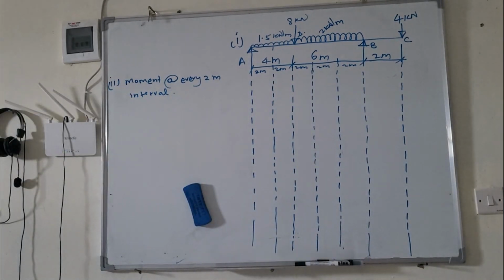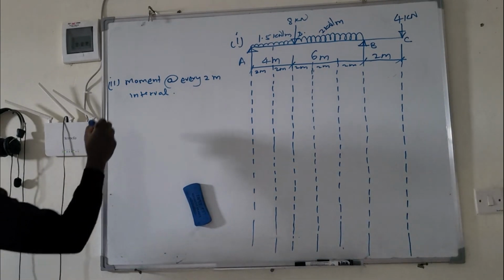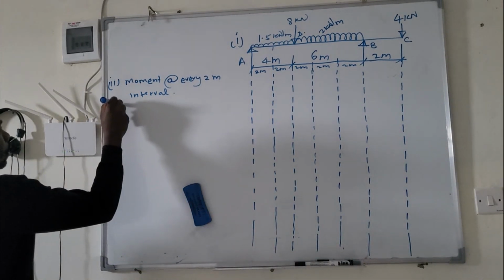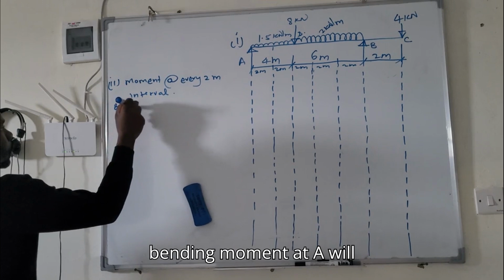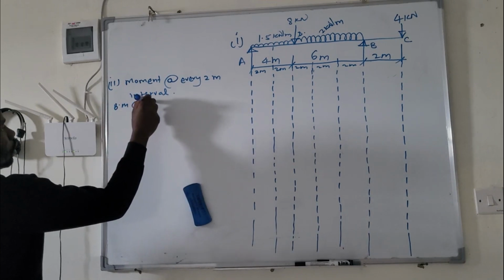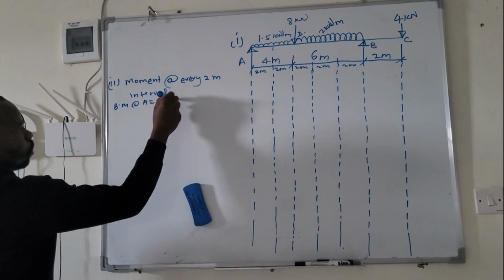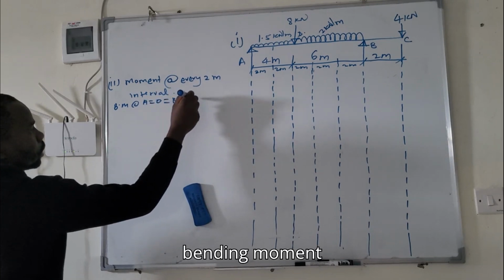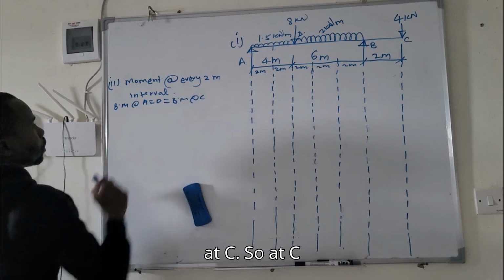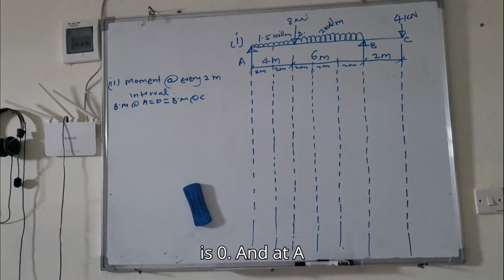So let's begin by saying bending moment at A will be 0, which is equal to bending moment at C. So at C is 0 and at A is 0.